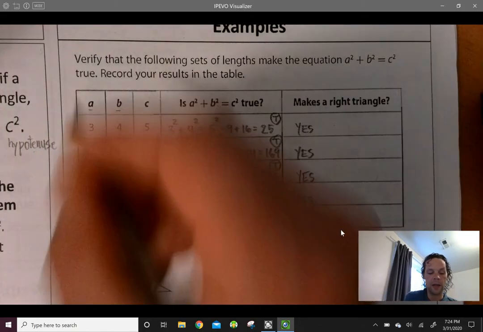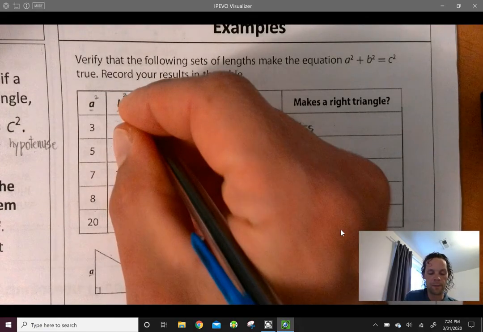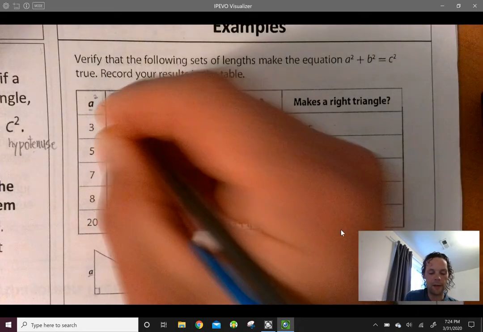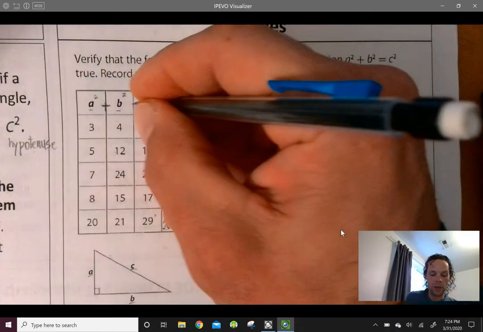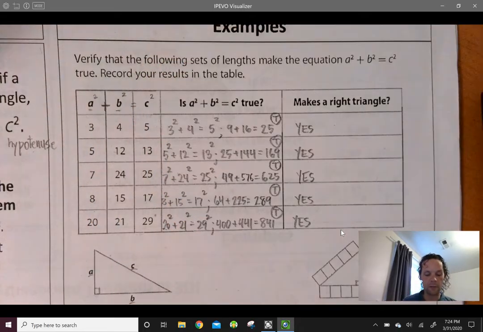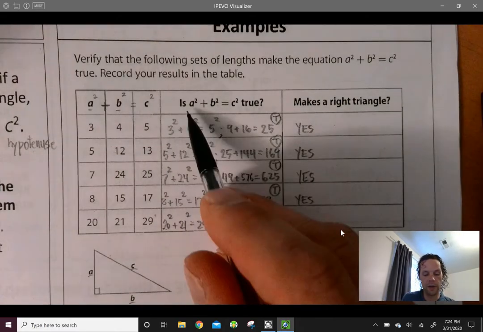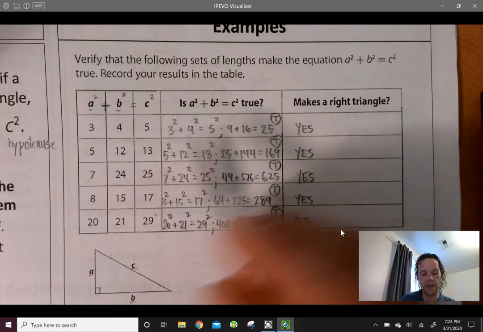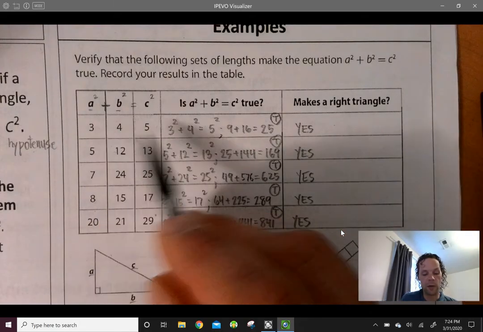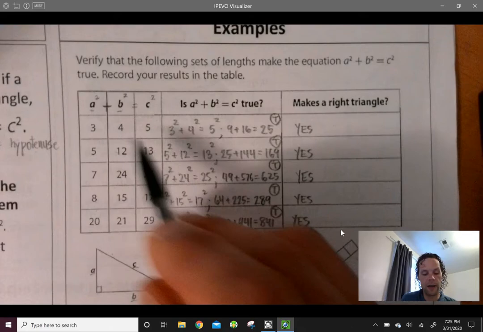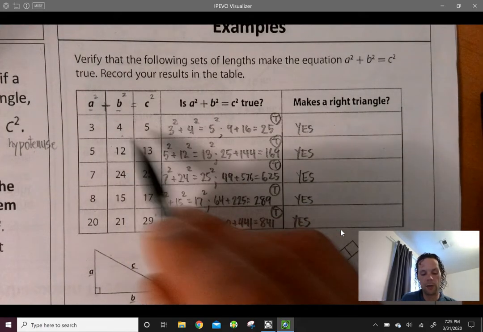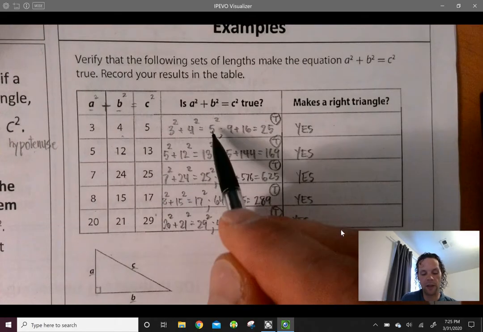If we square those and add them together, then it should equal c squared. Okay, so that's all we're trying to do. And it says, is a squared plus b squared equal to c squared true? Is that true? So we replace a with 3 right here, and we square that value, and we replace b with 4 right here, and we square that value, and we do the same thing with 5.